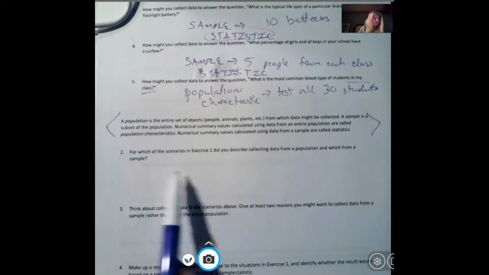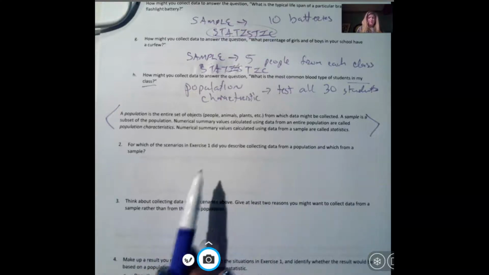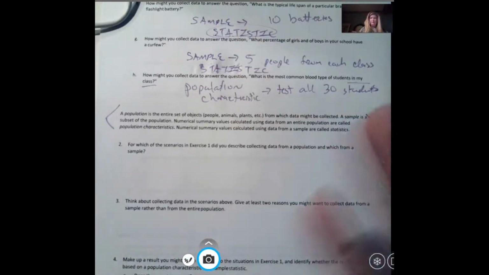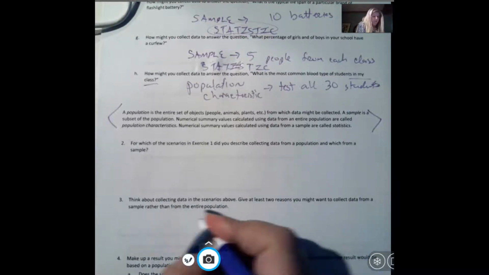Now, for which of these scenarios in exercise 1 did we describe collecting data from a population and which from a sample? We already put it up there, what we did. Kind of did that, I guess I got a little ahead of myself. Think about collecting data in the scenarios above. Give at least 2 reasons you might want to collect data from a sample rather than the entire population.